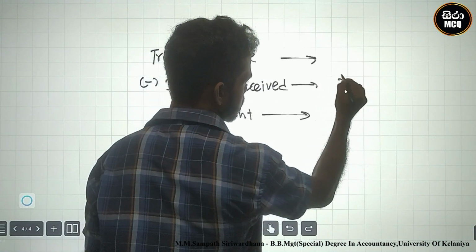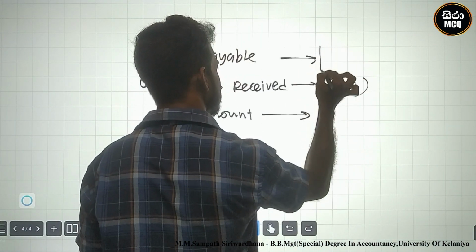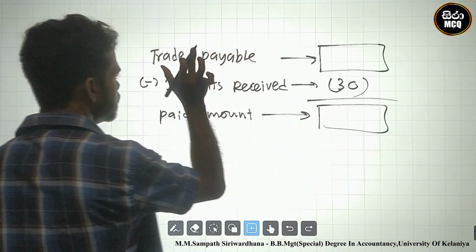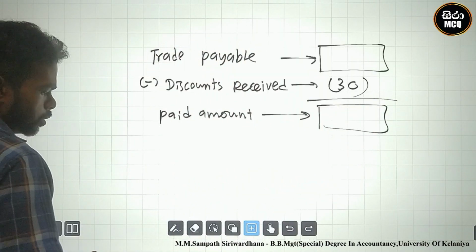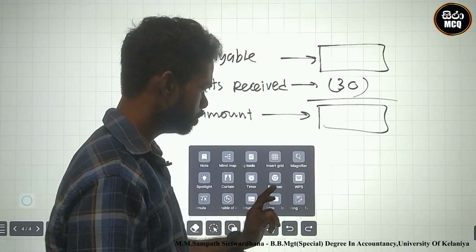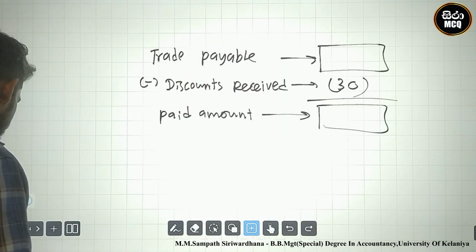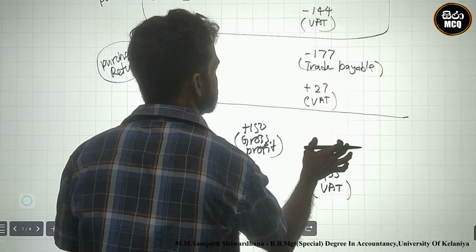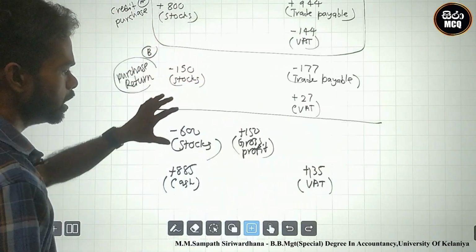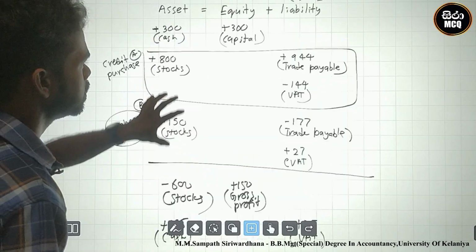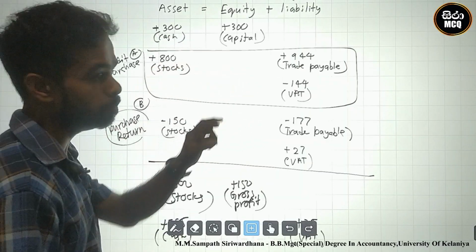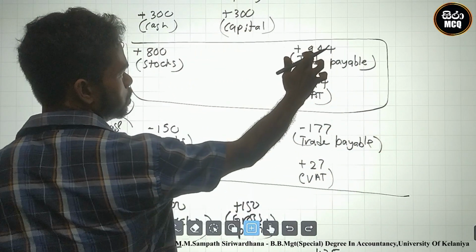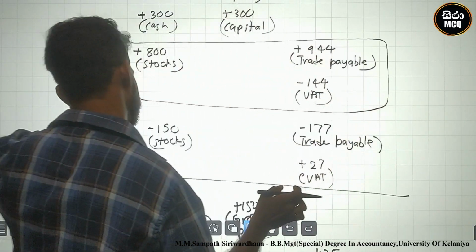30,000 means discount received. Okay, what is the payable amount to trade payable? Look here, trade payable impact: 944 plus.